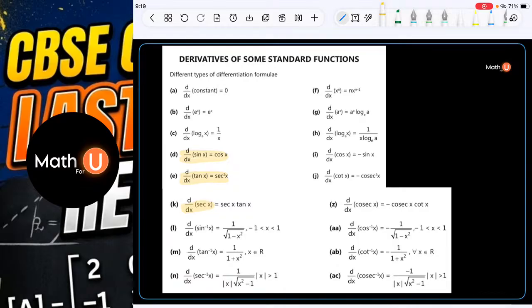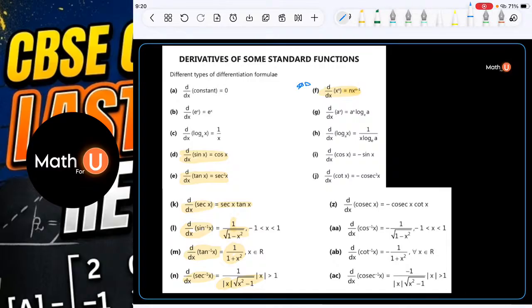Differentiation of secant x is secant x into tan x, and differentiation of sin inverse x is 1 by square root of 1 minus x square. Differentiation of tan inverse x is 1 by 1 plus x square, differentiation of secant inverse x is 1 by mod x square root of x square minus 1, and differentiation of x power n is n into x raised to power n minus 1.